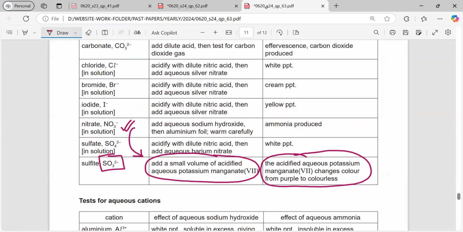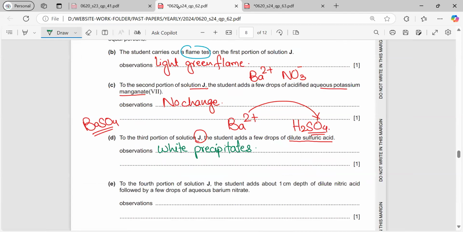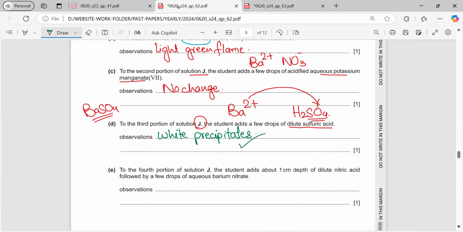As we can see in the data sheet for sulfate ions, if we have barium nitrate and we have sulfate, then this barium will react with sulfate and form a white precipitate. So we have to be really careful in reading the data sheet. So here, a white precipitate of barium sulfate will be formed.